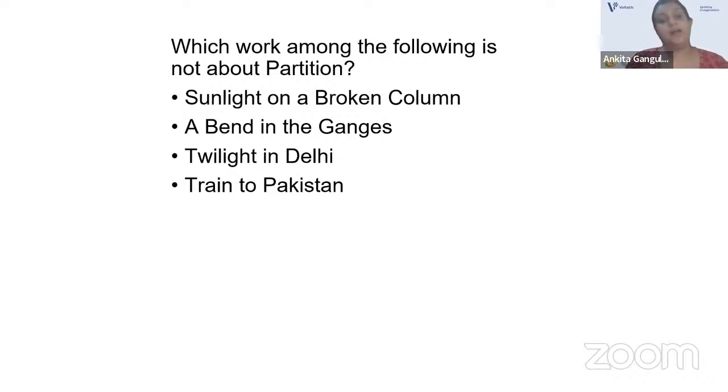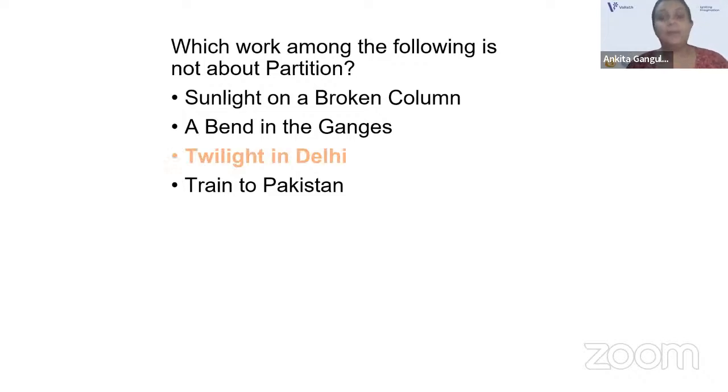Here, Attia Hosain's Sunlight on a Broken Column, A Bend in the Ganges by Manohar Malgonkar, and Khushwant Singh's Train to Pakistan, these three novels are set against the backdrop of the partition riots and the horrors of partition. But the third option, Twilight in Delhi by Ahmed Ali, is not set against the backdrop of partition. It is not about partition. So here the answer is option C, Twilight in Delhi.